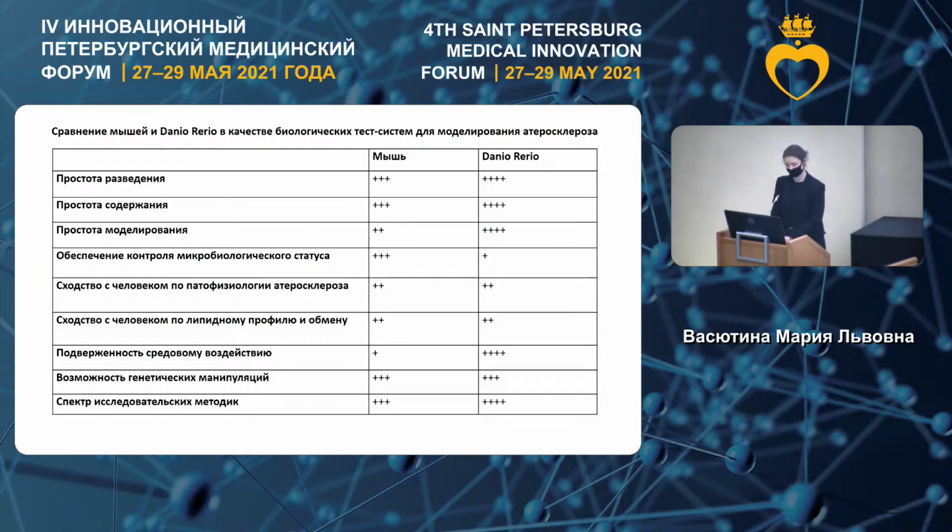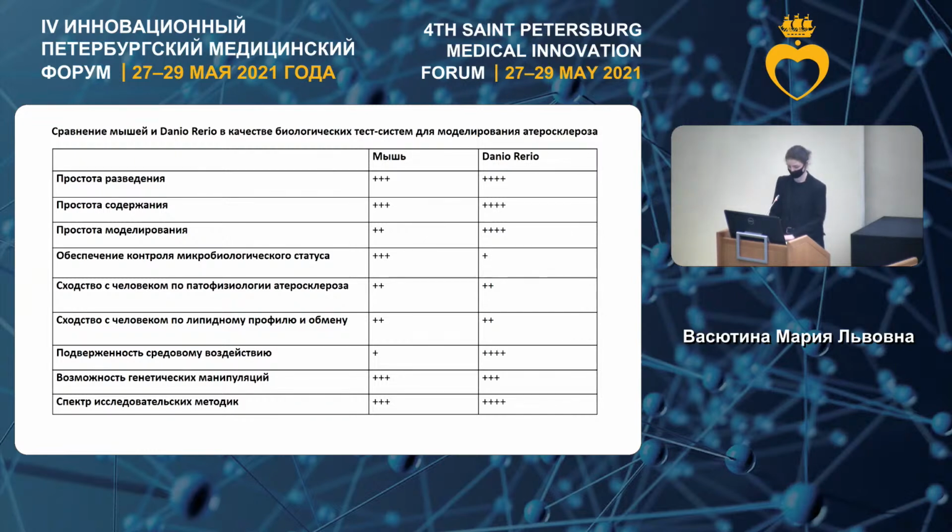To compare, Danio rerio produced very good results without any tricky genetic modeling. Just a diet would be enough. Danio rerio is indeed an ideal biological model to produce a biological model of atherosclerosis.